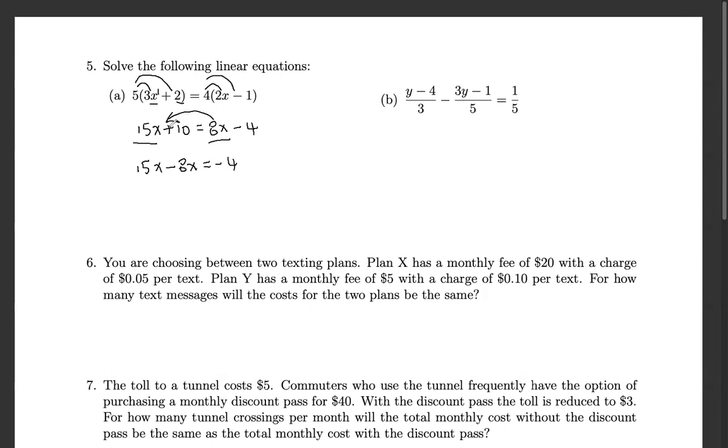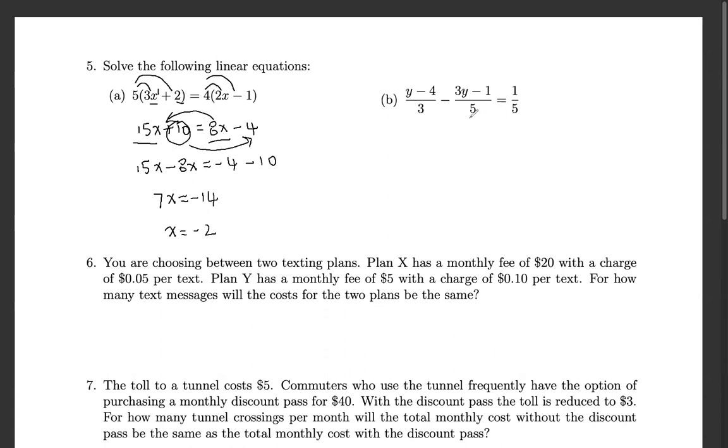Similarly, we want to move this term to the right-hand side, so we can combine with its like term -4. So that becomes negative as well. 15x minus 8x is 7x. -4 minus 10, -14. Divided by 7, x equals -2. Right, one solution.